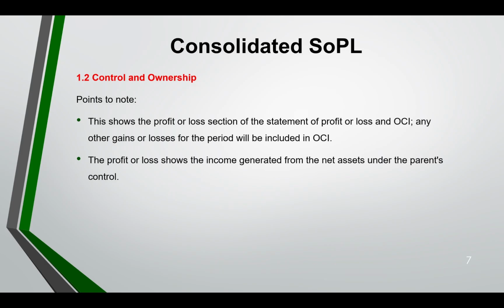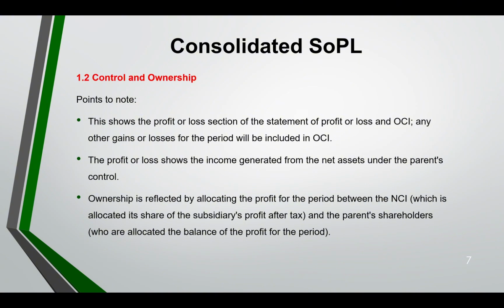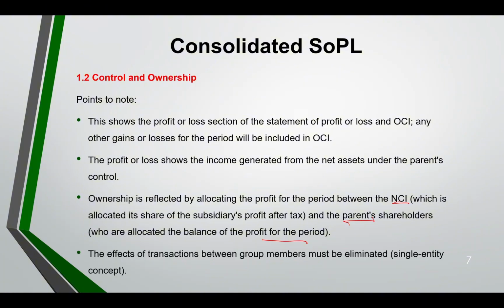Profit or loss shows the income generated from the net assets under the parent's control. That ownership is reflected by allocating the profit between the NCI and the parent. When you take the parent's profit, it is just the balancing figure. You will already have your profit for the period. From there, NCI you have to work first, and parent is always the balancing figure.